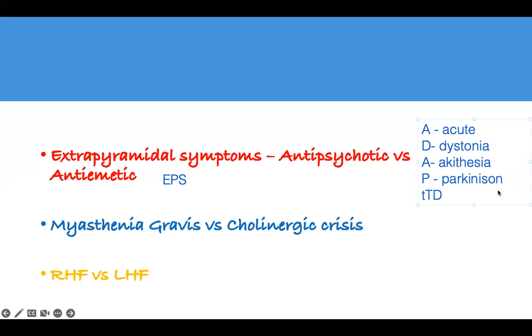Okay, tardive dyskinesia. And you have to know what tardive dyskinesia is. Most of them have a grimace face. They pop their cheek, and they smack their lips, licking their mouth most of the time.